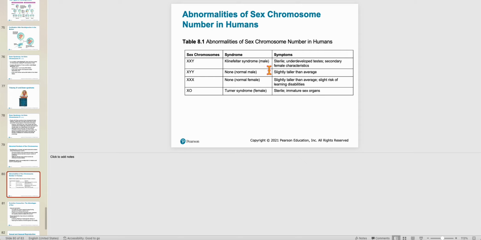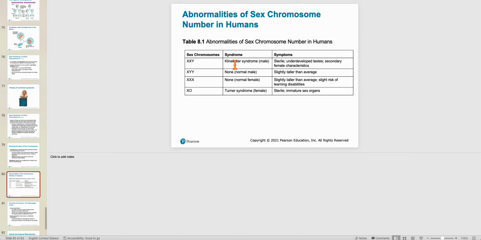Now the problem is, typically they are a male. So they look like a male, but notice what it says. They're sterile, there's no fertility there. They have underdeveloped testes. They have secondary female characteristics. So Klinefelter's is a male with more female characteristics.